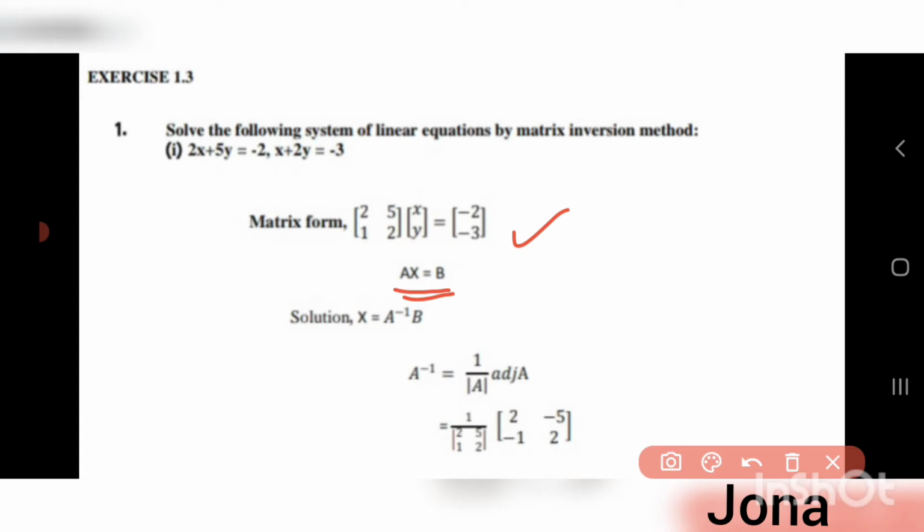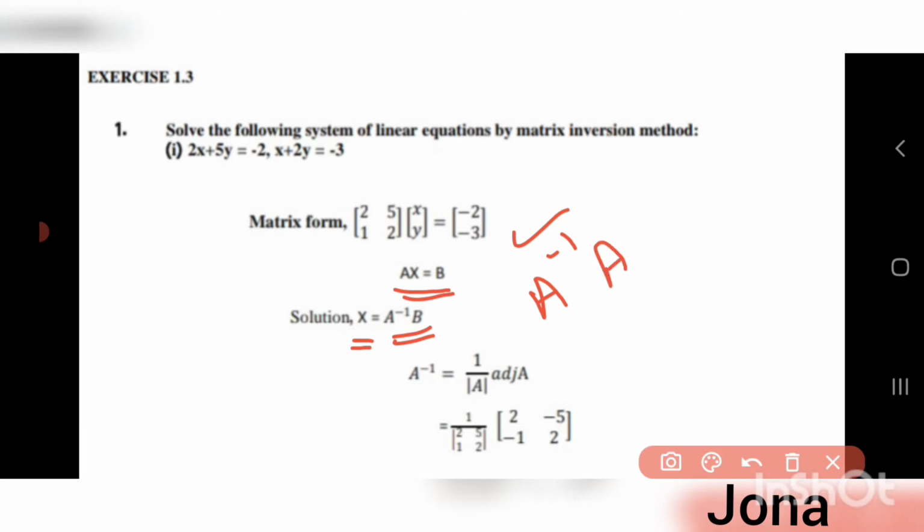Here for the solution we want to find the value of X, isn't it? So take this A to the other side, that means pre-multiply by A inverse. That means X equal to A inverse B. If you pre-multiply by A inverse, what do we get?